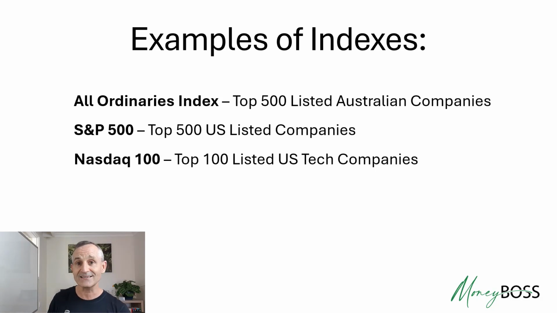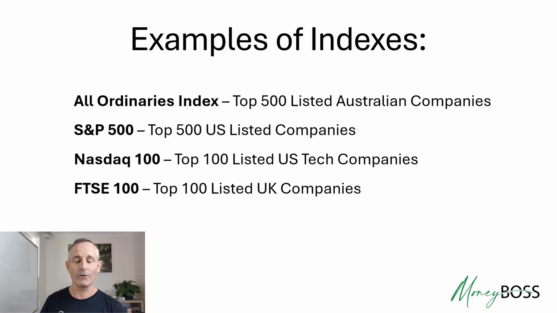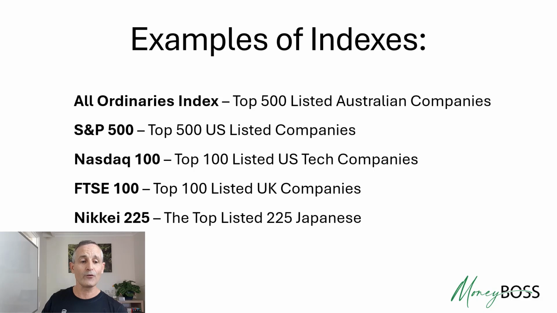We have the NASDAQ, which is the top 100 tech shares listed on the US exchange. We've got the FTSE, which is the FTSE 100, which is the top 100 shares in the UK. We've got the Nikkei 225, which is the top 225 shares on the Japanese share market. And most share markets around the world have their own indexes.